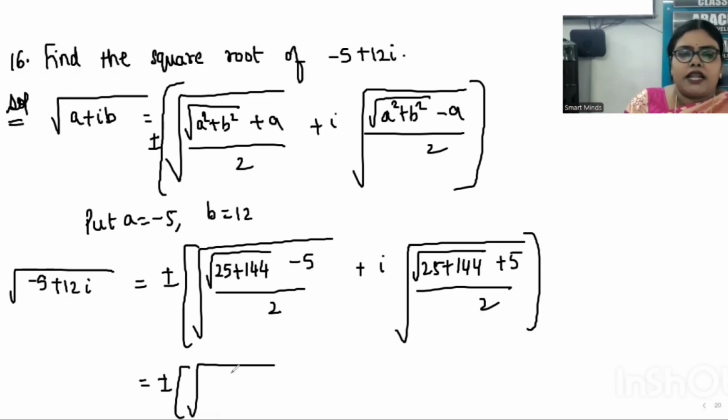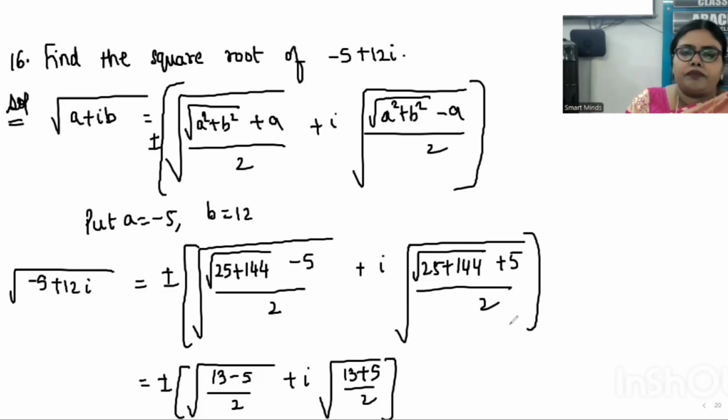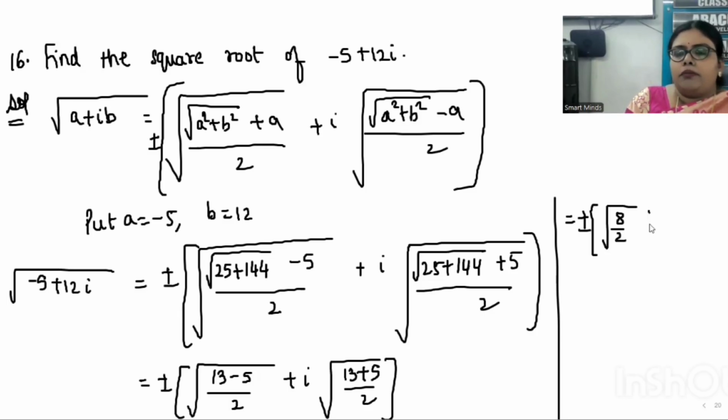The square root of 169 is 13. So this is 13 minus 5 by 2, plus i into square root of 13 plus 5 by 2. So that is plus or minus square root of 8 by 2 plus i into square root of 18 by 2. Now 8 by 2 is 4 and root 4 is 2. So this is 2 plus 3i.